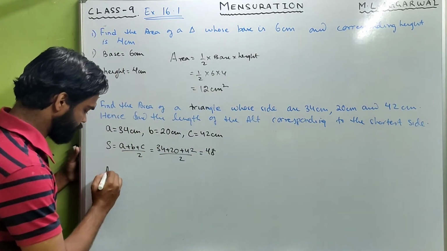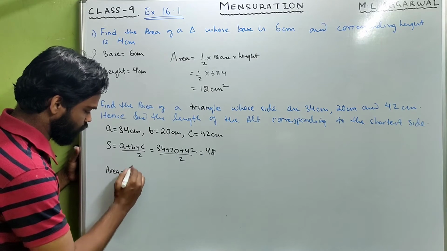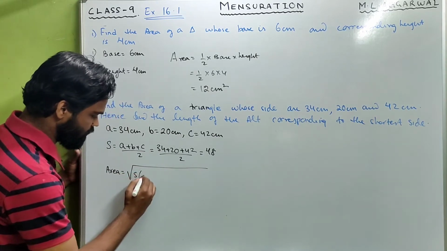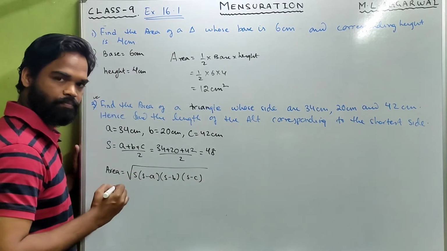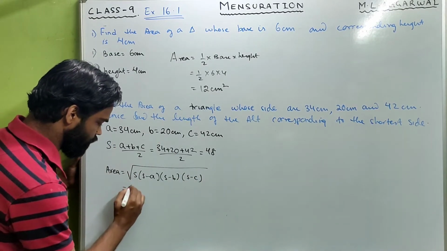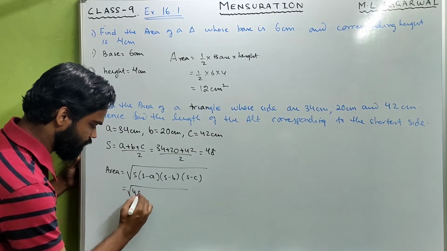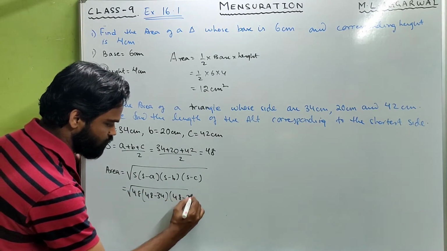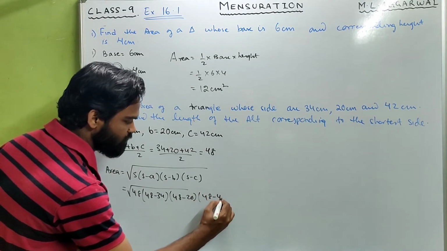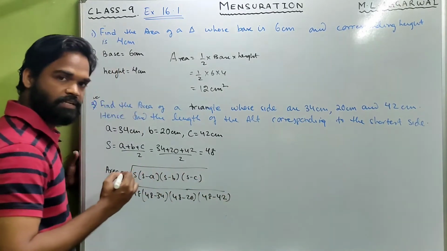Then comes the area. Area is what? Root of s, s minus a, s minus b and s minus c. Just substitute the values. We got s as 48. So 48 minus 34, 48 minus 20, 48 minus 42. Isn't it?